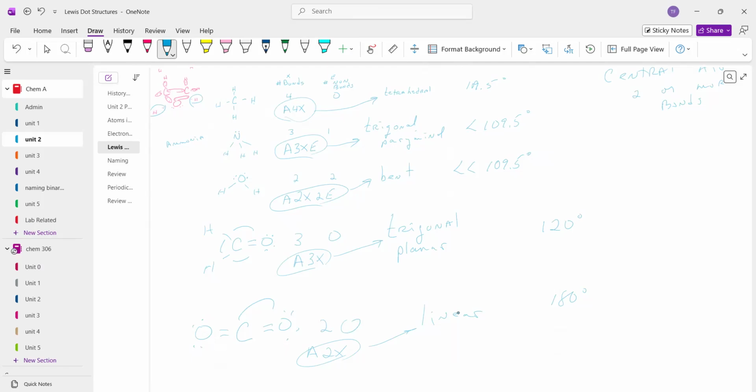Yeah, so when we're doing this VSEPR stuff, we're looking at groups. So you're looking at the bonds a little differently. The single bond counts as one group. Double bond, one group. Triple bond, one group. And I call them groups because it's a group of electrons. 3 bonds, but it's 6 electrons there, they're in a group. Okay.